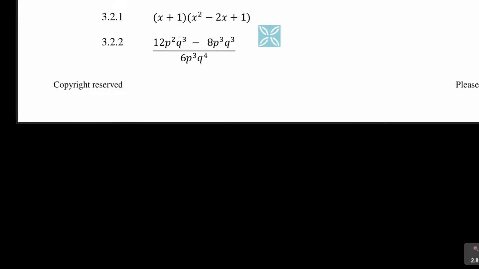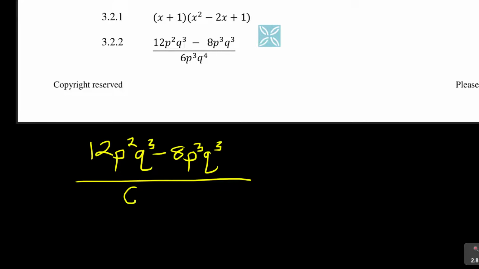So what do we do here? It's 12 p squared q cubed minus 8 p cubed q cubed all over 6 p cubed q to the power of 4.